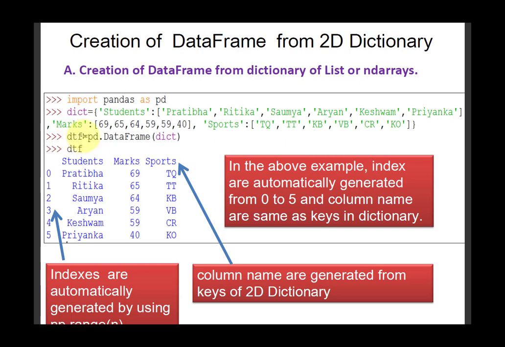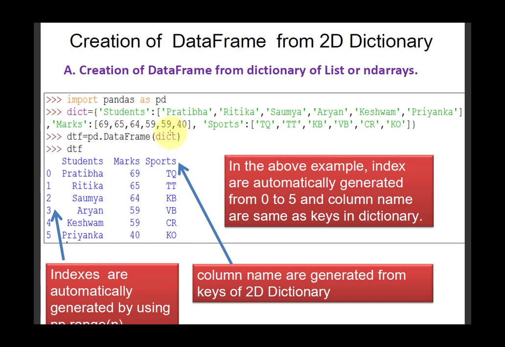DTF name is representing the data frame object. DT means data, F for frame, so that's why I am using the shortening DTF. That is a user defined name, any name you can use there. And after this, pd dot DataFrame and pass the dictionary.